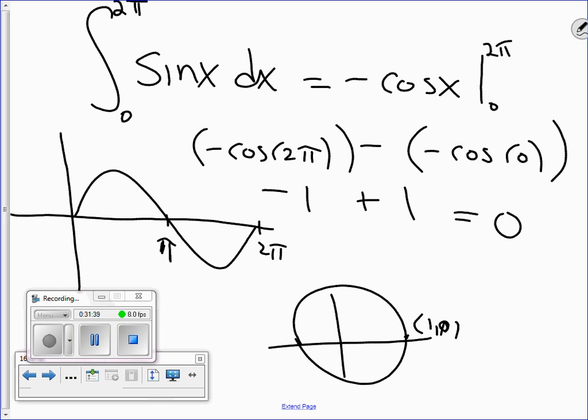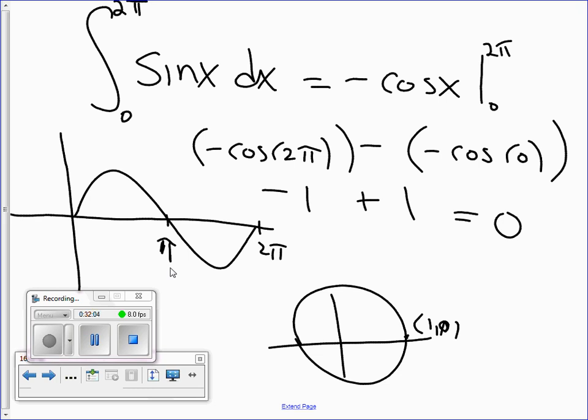What do you think it's given us when the graph is sometimes positive and sometimes negative? The difference. That's exactly what it's giving you. It's giving you the area above the x-axis minus the area below. So if they're the same, you'll get 0. If you have more area underneath, you can get a negative answer. So that was very smart.